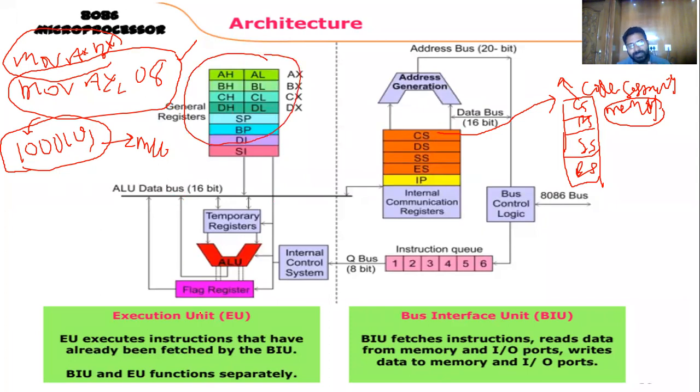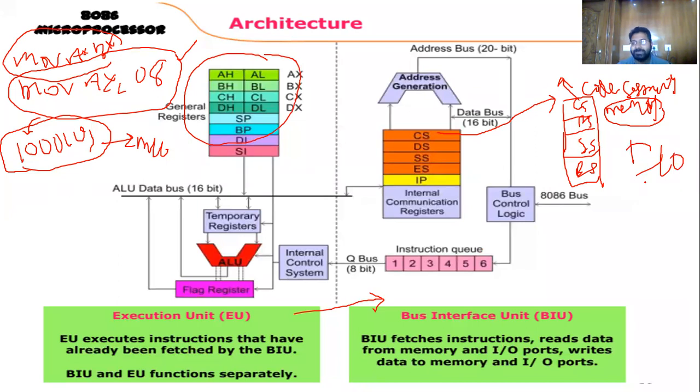Then the execution unit tells the bus interface unit to fetch the required information from the memory or input/output devices to execute the instruction.